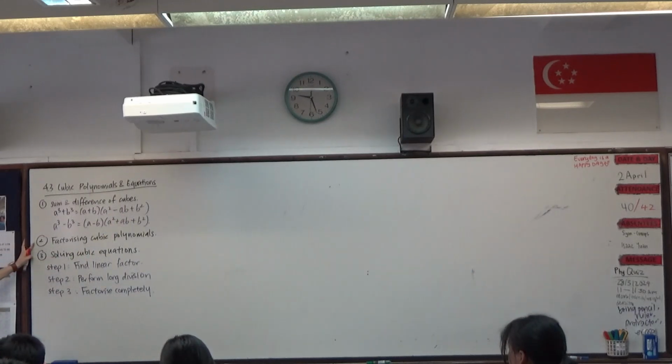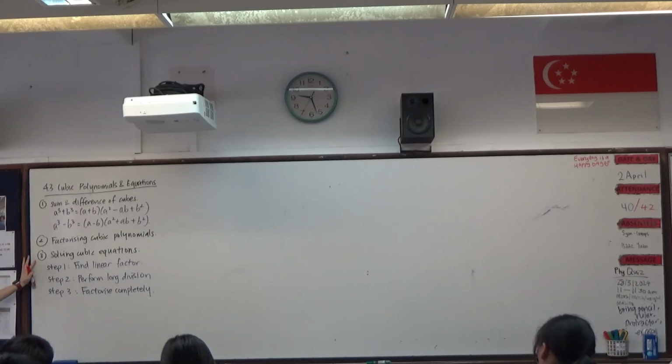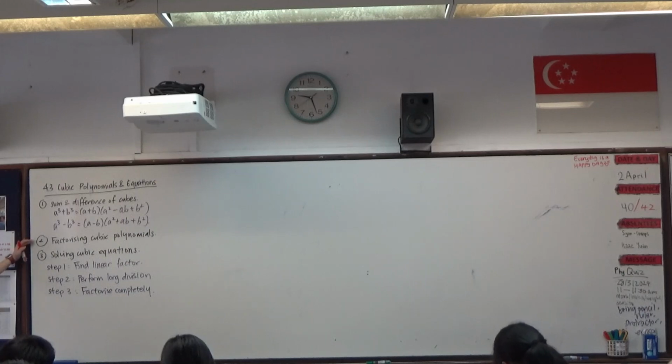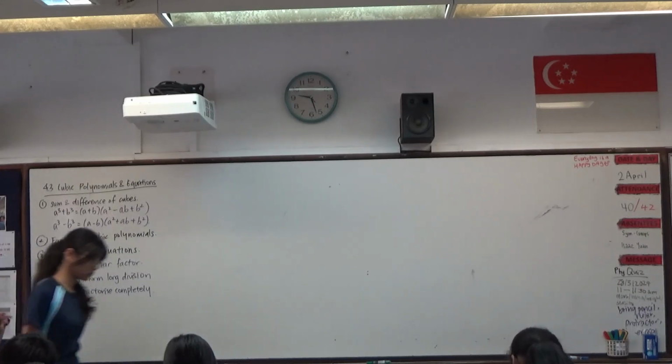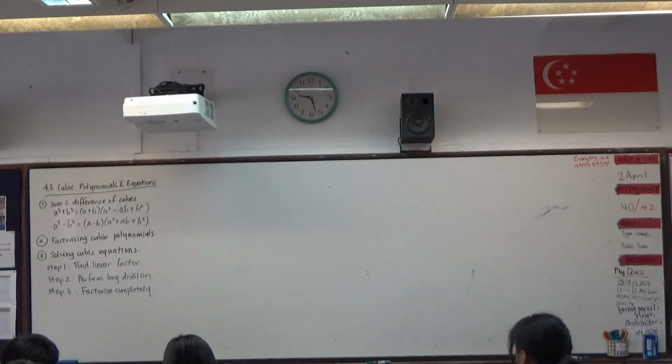Then after that, we also learned how to factorize cubic polynomials and also solve cubic polynomials, for which the steps remain the same, just that in part 2, factorizing, we're dealing with an expression, and in part 3, we're dealing with an equation. The steps are to first find the linear factor, while we have tried to find an easier way around it by using the calculator.